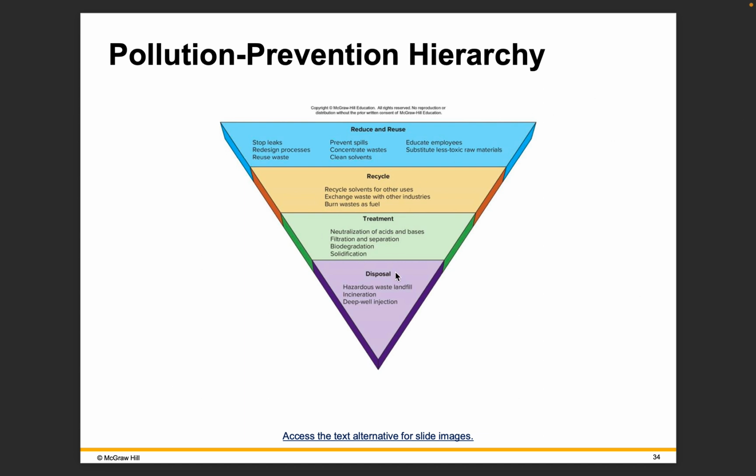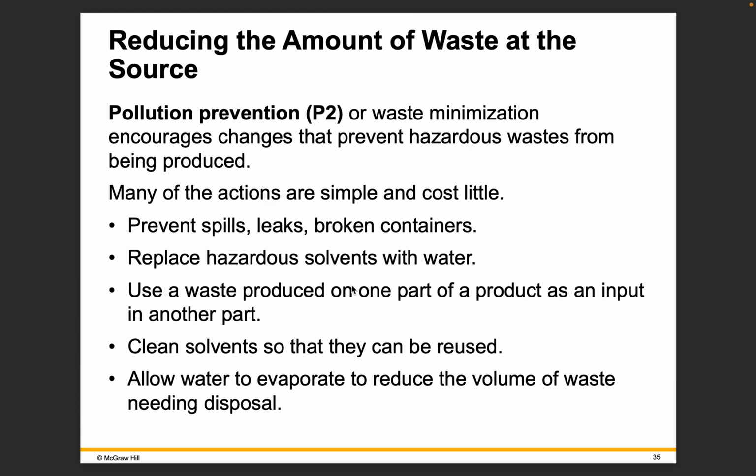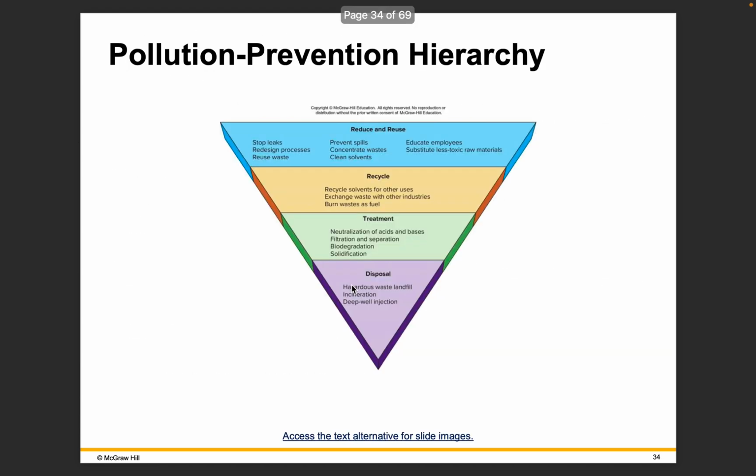And here's a good way to visualize that pollution prevention hierarchy: reduce and reuse, recycle, treatment, disposal. I would draw this hierarchy out in my notes if I were you, with the different titles and then one or two good examples to go with each level.